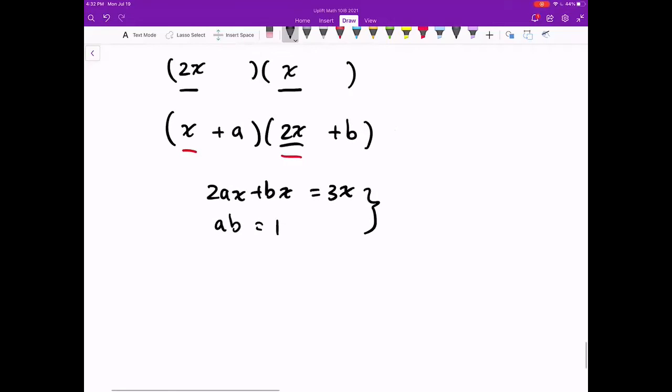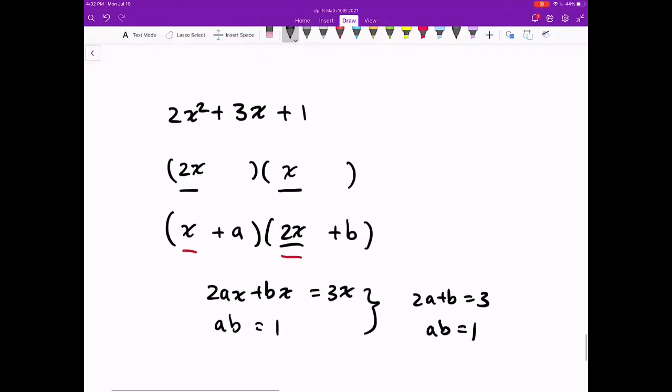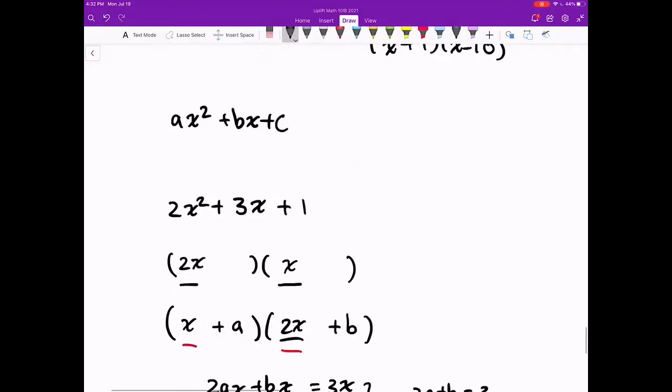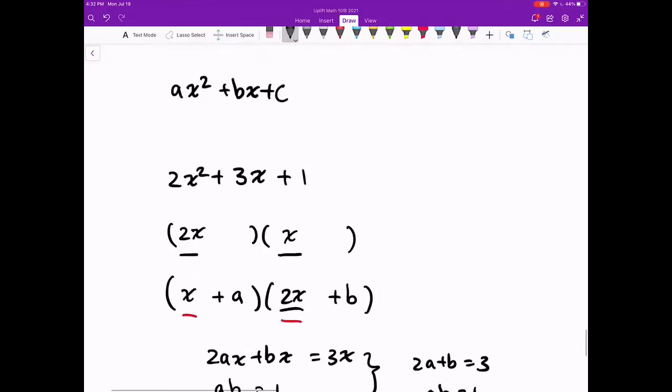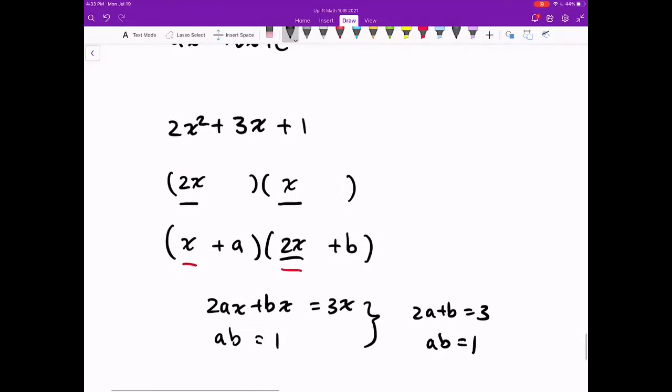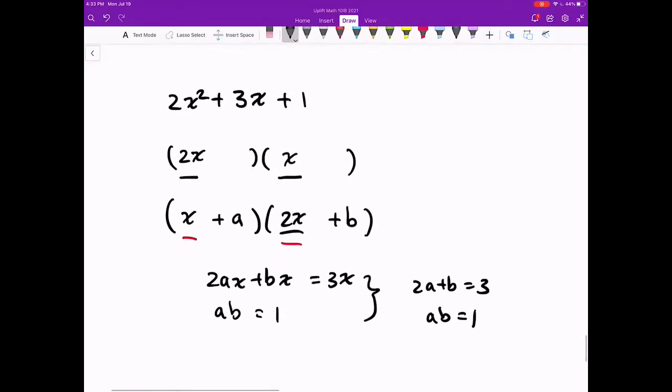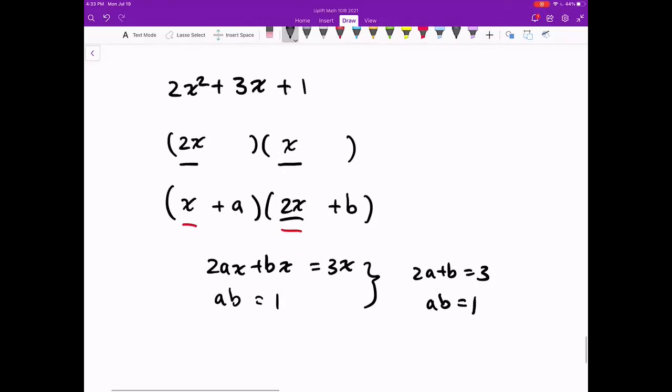So this gives you 2a plus b is equal to 3, and a times b is 1. So there isn't really a rule like the last one. In cases where a is not 1, you just have to try out different combinations of the first two x terms. I think we should do an example.